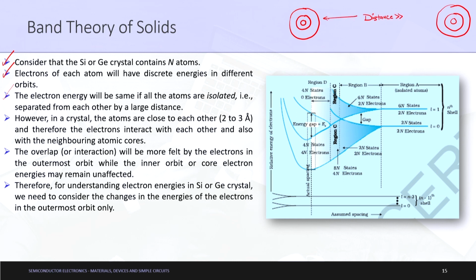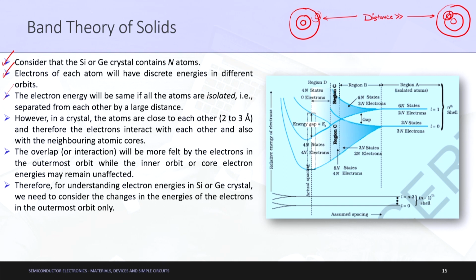If this distance is very large, then the energy of the electrons of one atom has no effect on the energy of the electrons residing in another atom. If that is so, the electron energy of the subsequent atoms would remain the same throughout.